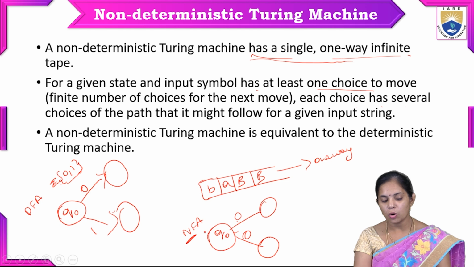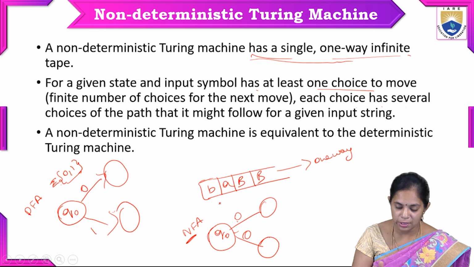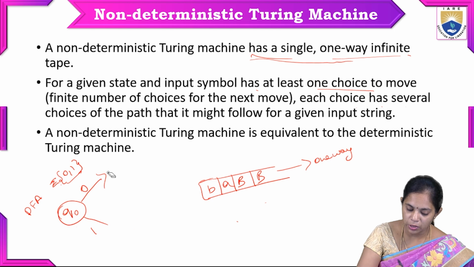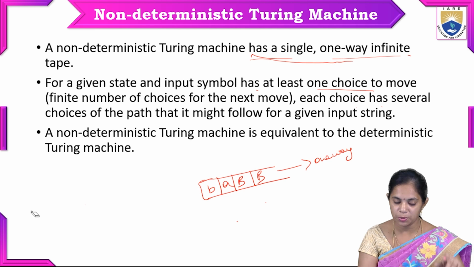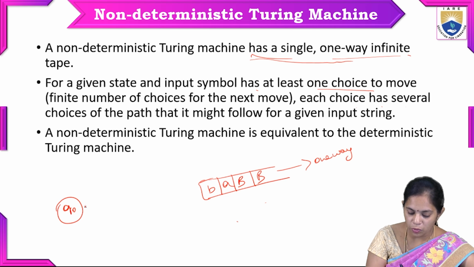Like that, non-determinism in the Turing machine also has multiple paths. Let me write the non-deterministic Turing machine with the transition, the instantaneous description. Here we'll take the Q naught. In Q naught, if you have 0, A as an input, this is going to be replaced with X, and it is going to move to the right-hand side, going to one state.